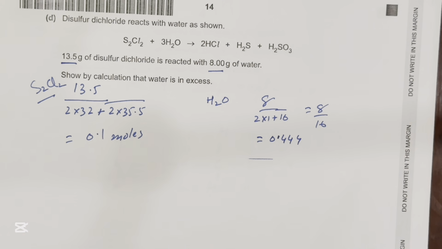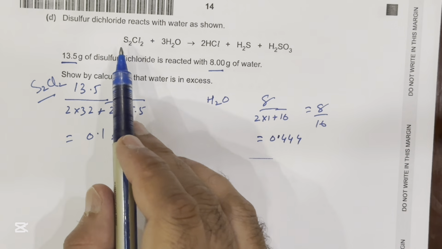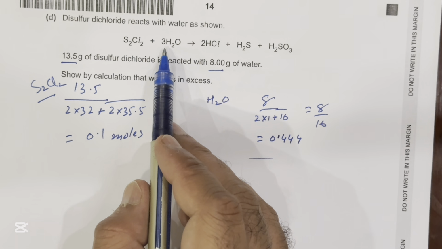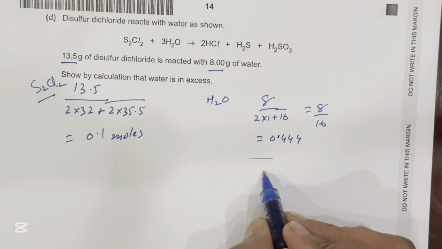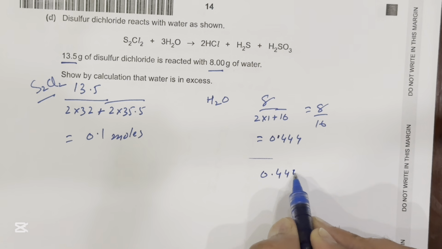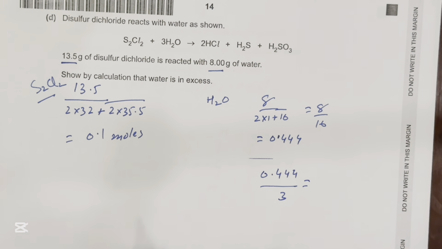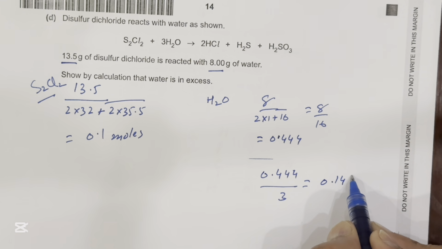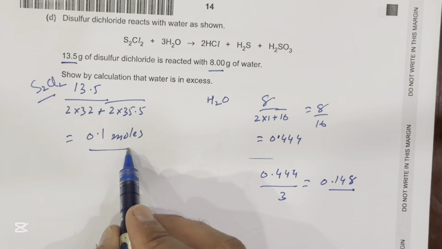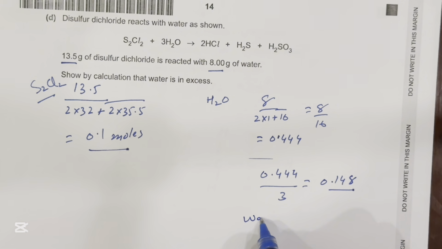Now the question is not completed here. Over here you can see there is 1 mole, and over here there are 3 moles. So you need to divide it by 3 to get a fair comparison. After dividing by 3, you get 0.148, and this 0.148 is greater than this 0.1. So this shows that water is in excess, hence it is proved.